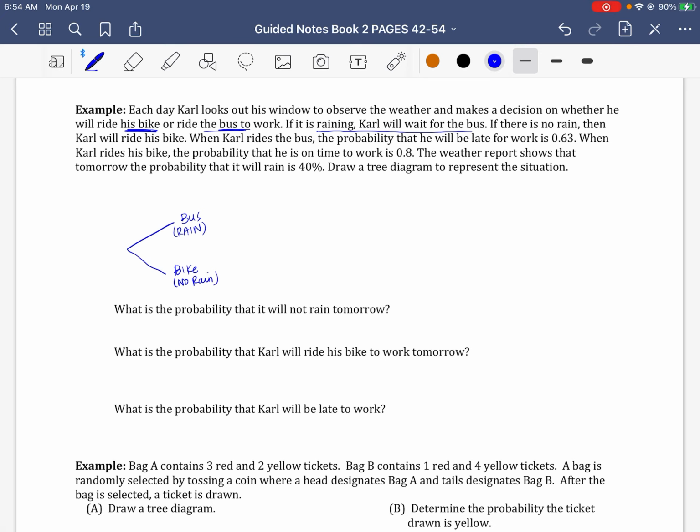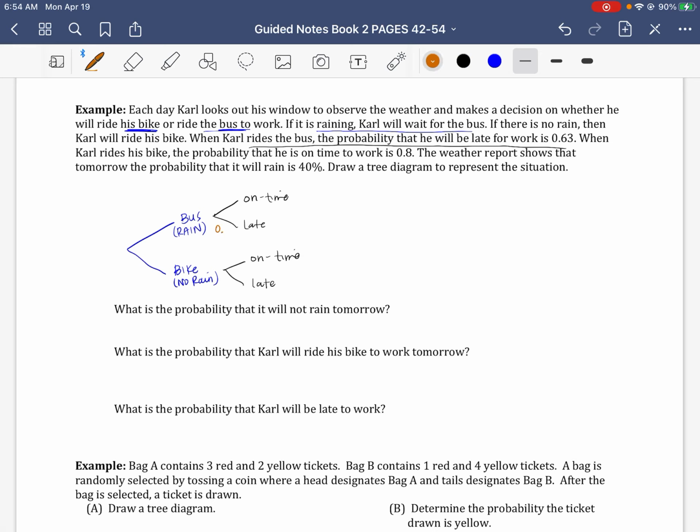Again, when he rides the bus, he's either on time for work or he comes in late. Same thing, right? On time or he comes in late. So again, it said that when he rides the bus, the probability that he'll be late is 0.63.